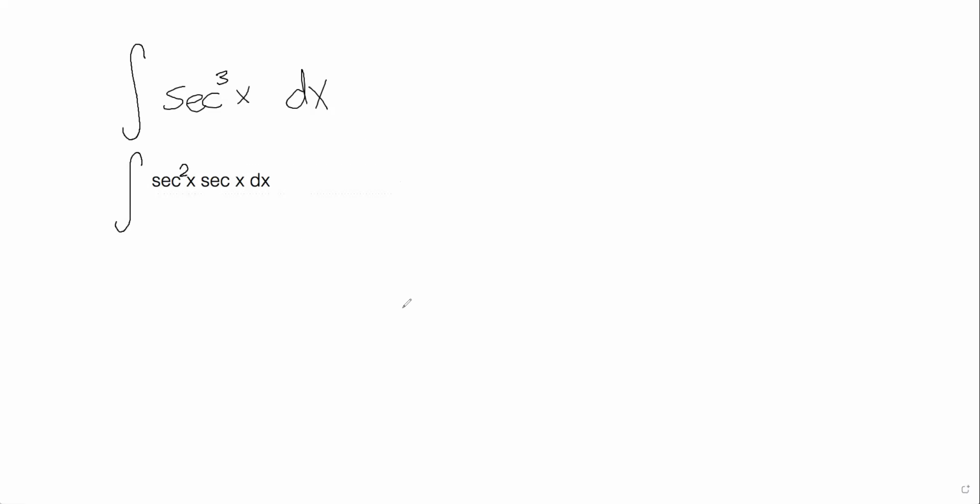Okay, so secant squared x is equal to 1 plus tan squared x.